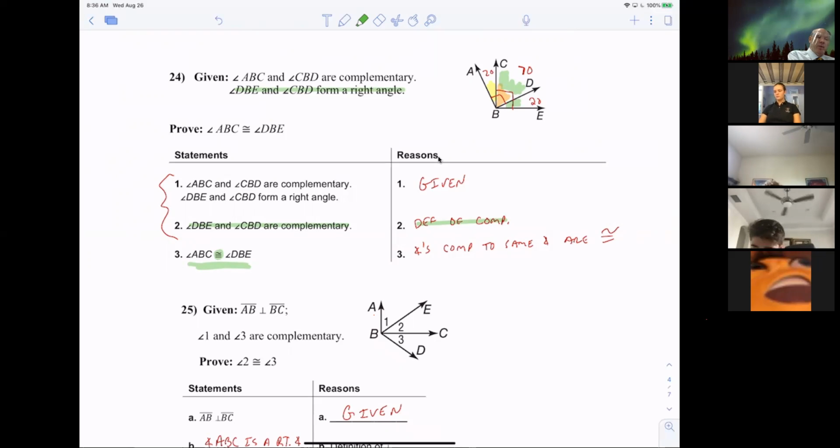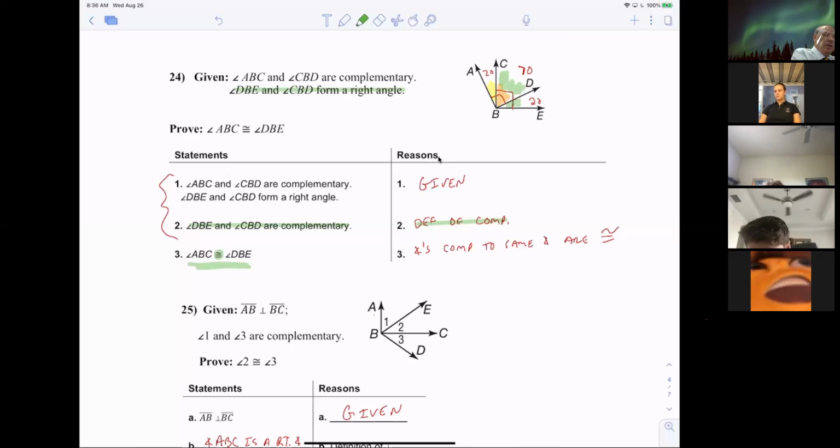I would just want you to say definition of complementary. Definition of a right angle is the measure is 90 degrees, right?